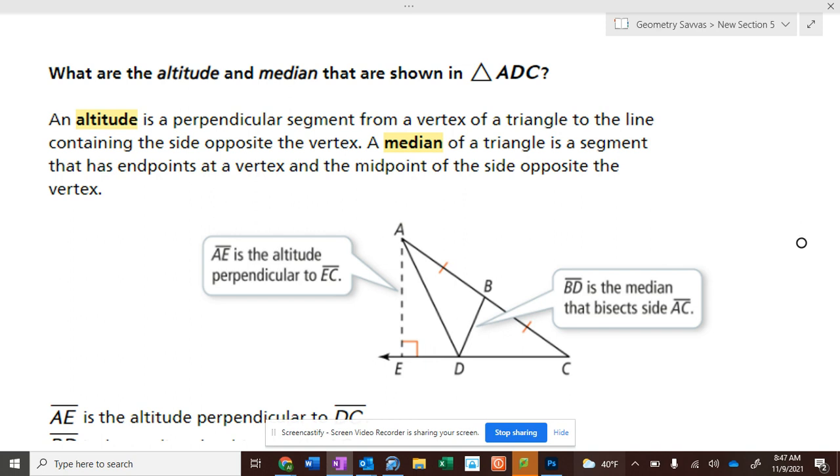Okay, and we'll look at those situations here in a little bit. But an altitude is a perpendicular segment from the vertex of the triangle to the line containing the opposite side of the triangle. So it goes from the vertex to the opposite side, and it's perpendicular to the opposite side.